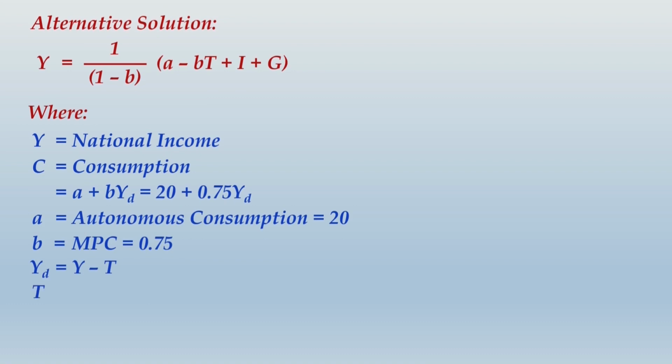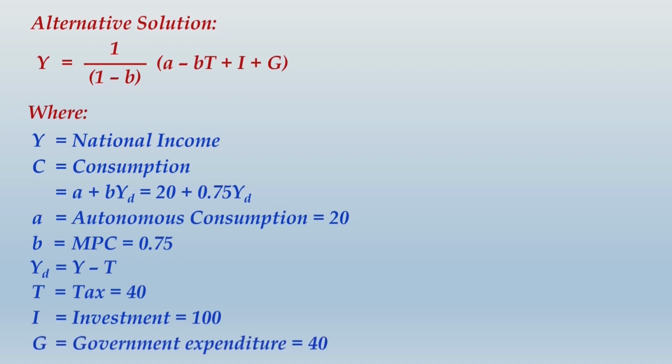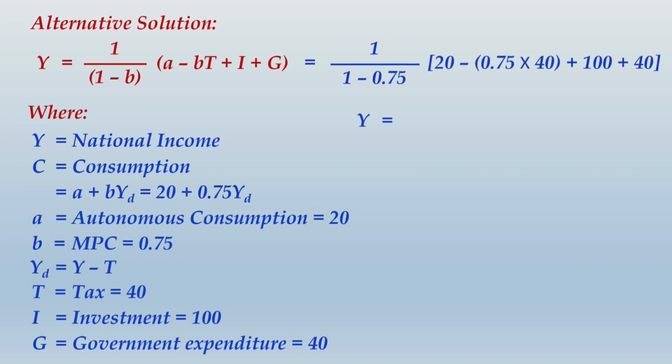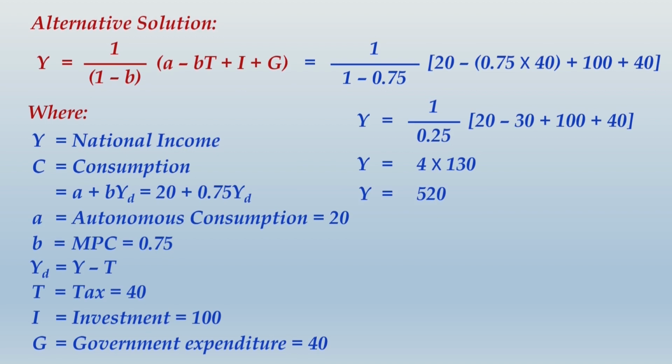Finally, when you land up at the value of Y using this term, you should understand that it is still the investment multiplier getting multiplied to this net amount of saving, and that would result in your national income, that is Y equals 520.